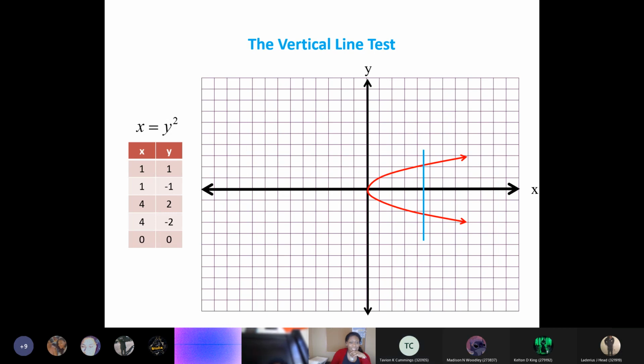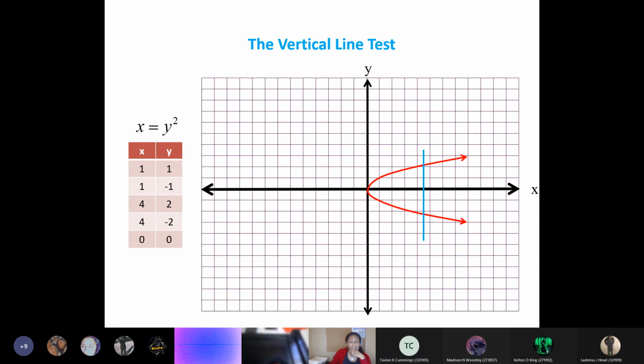Is this a function or not? Tell me why. I don't know about this one. Okay. If anyone wants to help them out, please raise your digital hand.